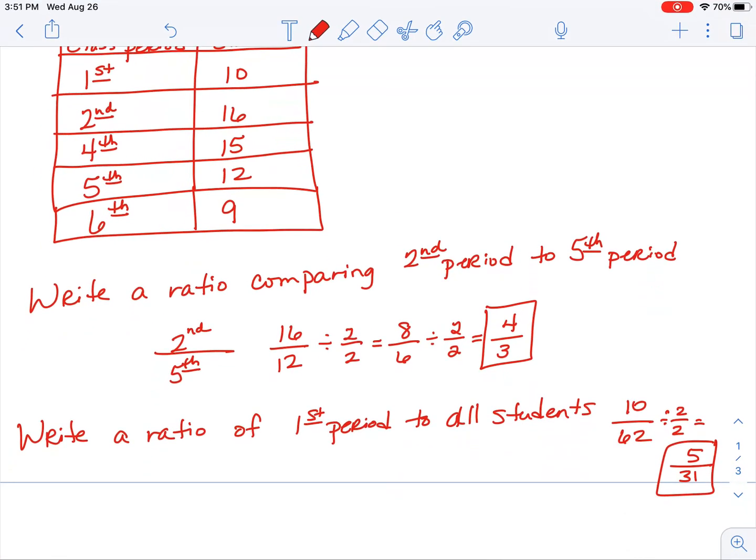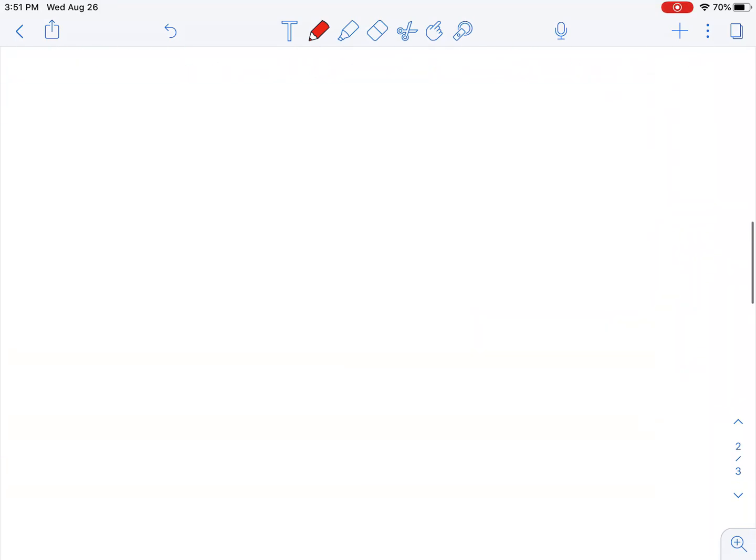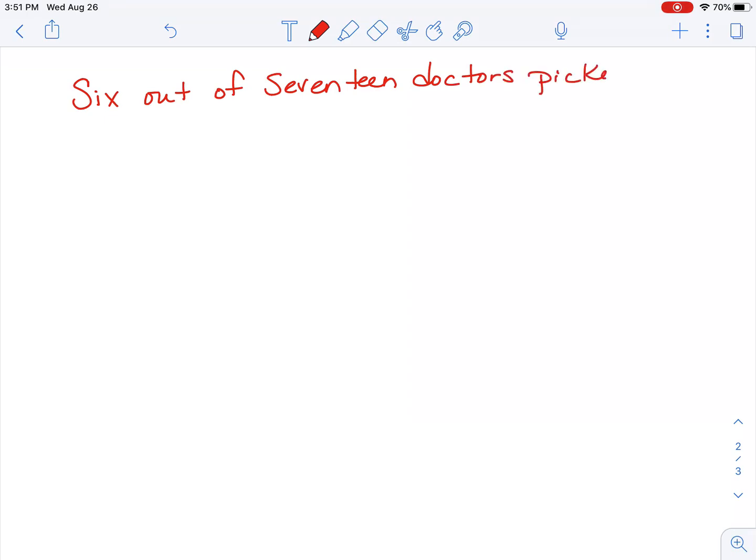Okay, you know how I love to give you things in charts, and I love to give you things that make you read. Yay! So here, what if I gave you a problem like this? 6 out of 17 dentists choose Crest toothpaste. I use Crest.